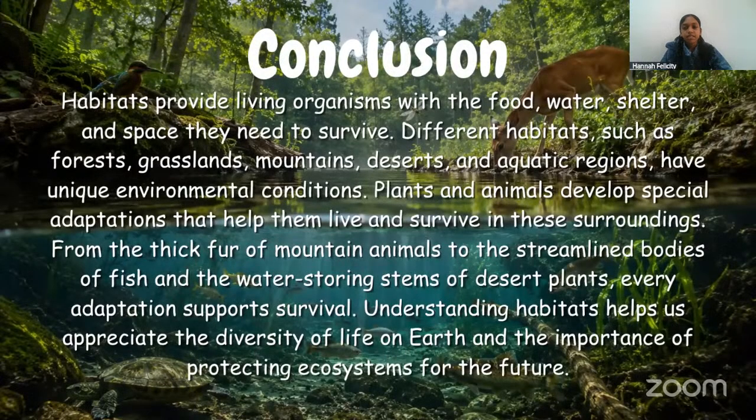Plants and animals develop special adaptations that help them live and survive in their surroundings. From the thick fur of mountain animals to the streamlined bodies of fish and the water-storing stems of desert plants, every adaptation supports survival. Understanding habitat helps us appreciate the diversity of life on Earth and the importance of protecting ecosystems for the future.